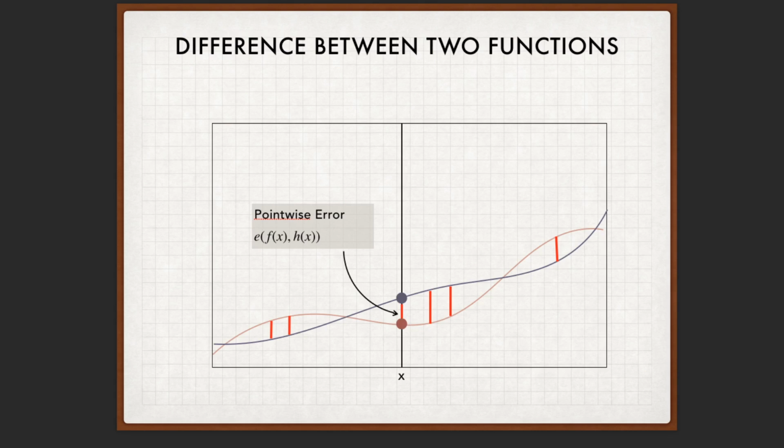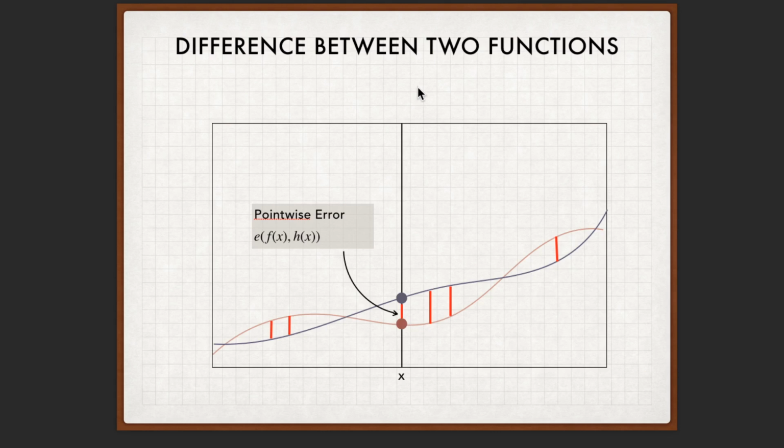So now we consider how to do this. You can of course try to define some kind of measurement of the distance between two different functions in some weird way.